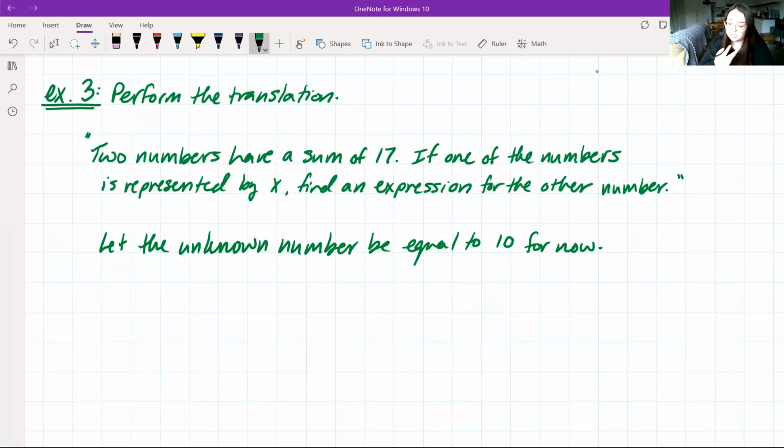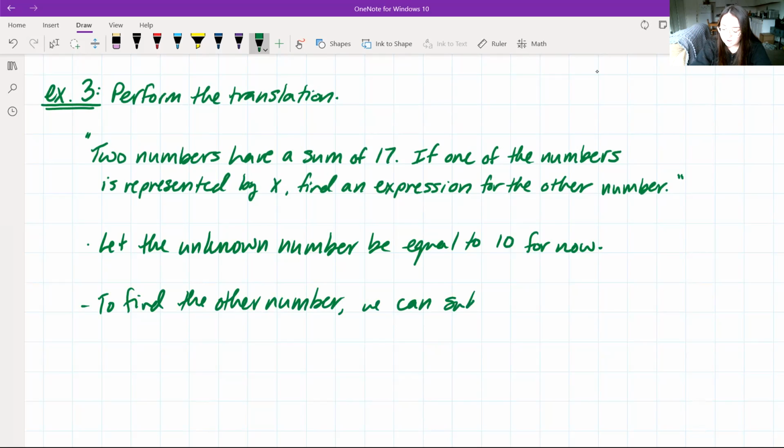So we let the unknown number be equal to 10, and now we need to find this other number because we have two unknown values in this problem. We know that their sum is 17. One of them is going to be x, but we need to find the other number. And by this point, we're letting x be 10. So to find the other number, we can subtract 10 from the sum, which was 17.